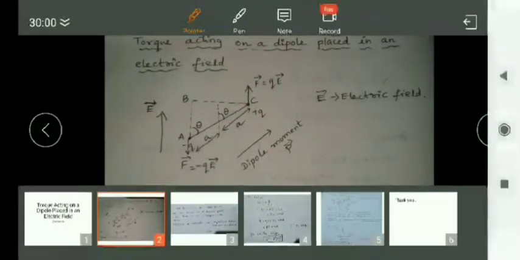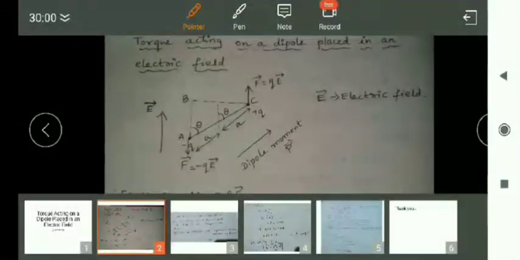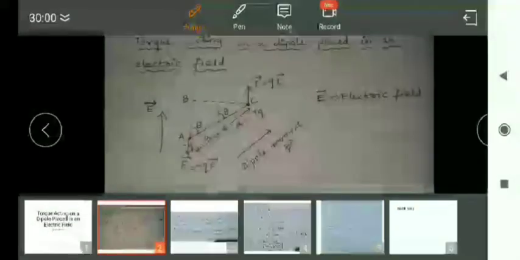And you can see the direction of electric field here. This E is uniform electric field in this particular direction. So this dipole is placed in this place where the electric field is uniform, E. If I measure the angle between the direction of electric field and dipole, that is theta.